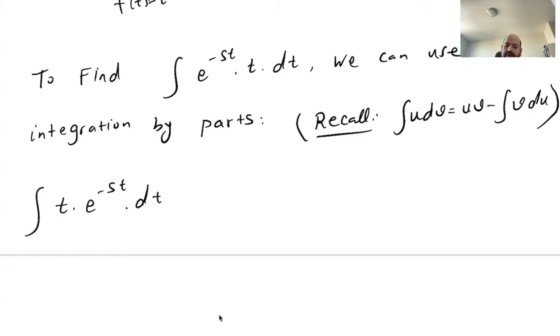I can write this one as the integral of t d of e to the power minus st divided by minus s. Because the derivative dy is the same as y prime dx. So d of e to the power minus st will be the derivative of this function, which is minus s e to the power minus st dt.